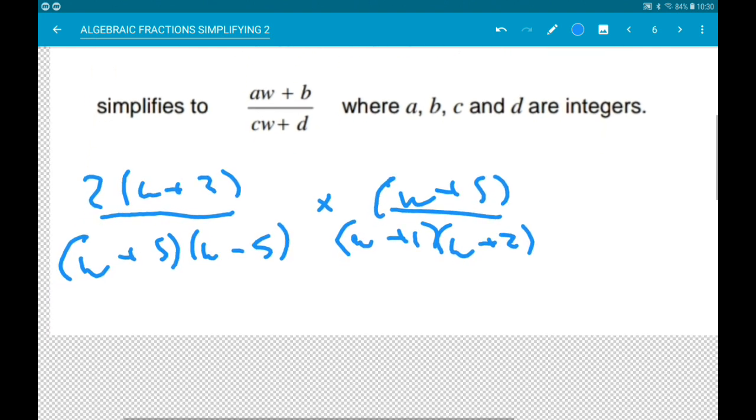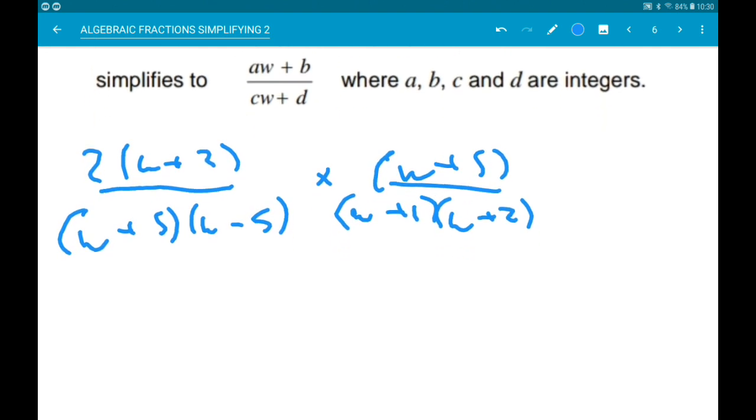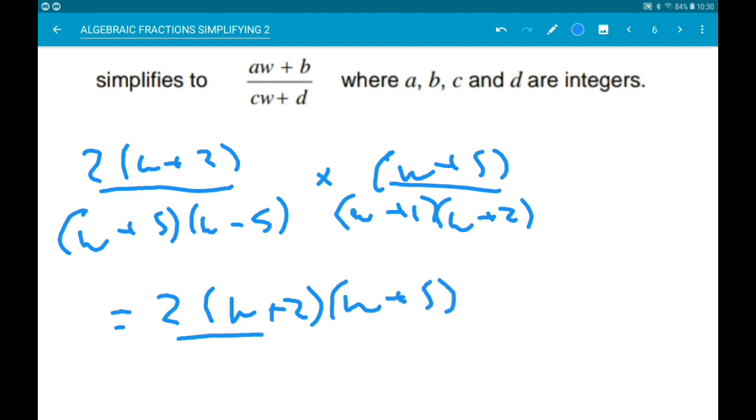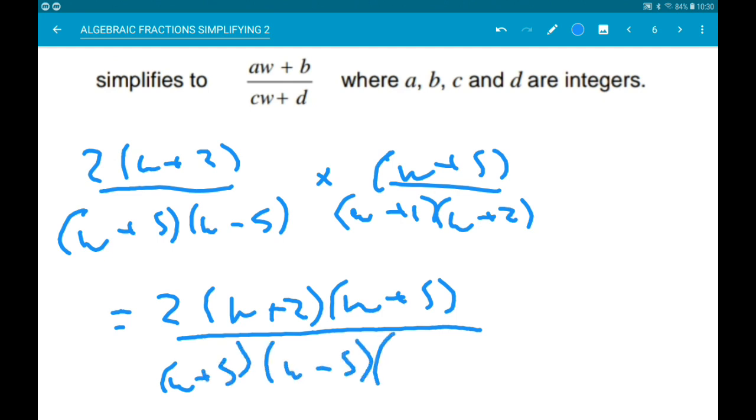So when we multiply those together, we get 2 lots of (w add 2) times (w add 5) over (w add 5)(w minus 5) times (w add 1) times (w add 2).